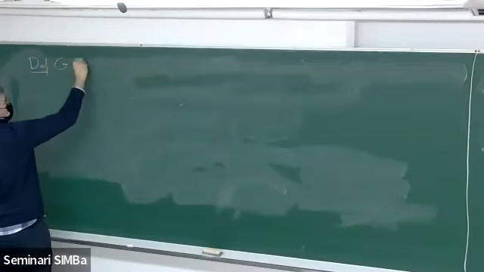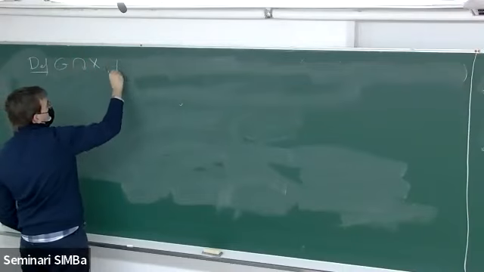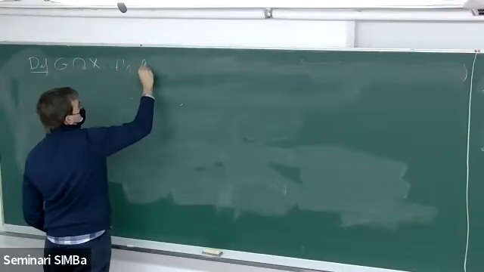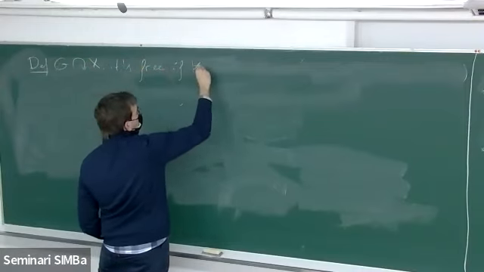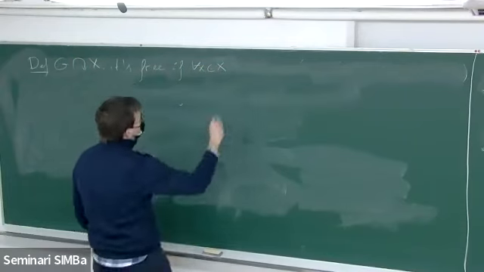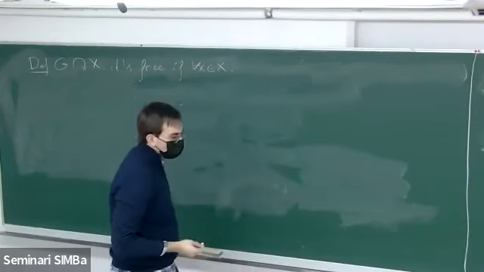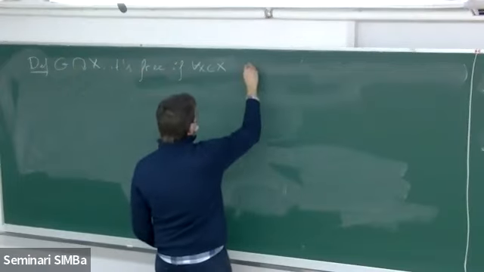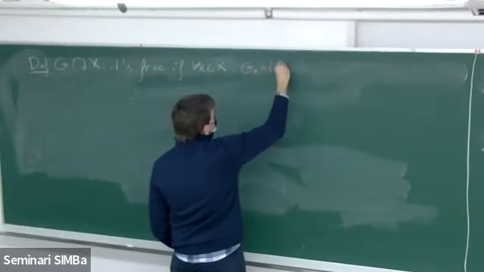So we have an action, and it's free if, for any point that we take, each non-trivial element of G always moves this point. So all the stabilizers are trivial.